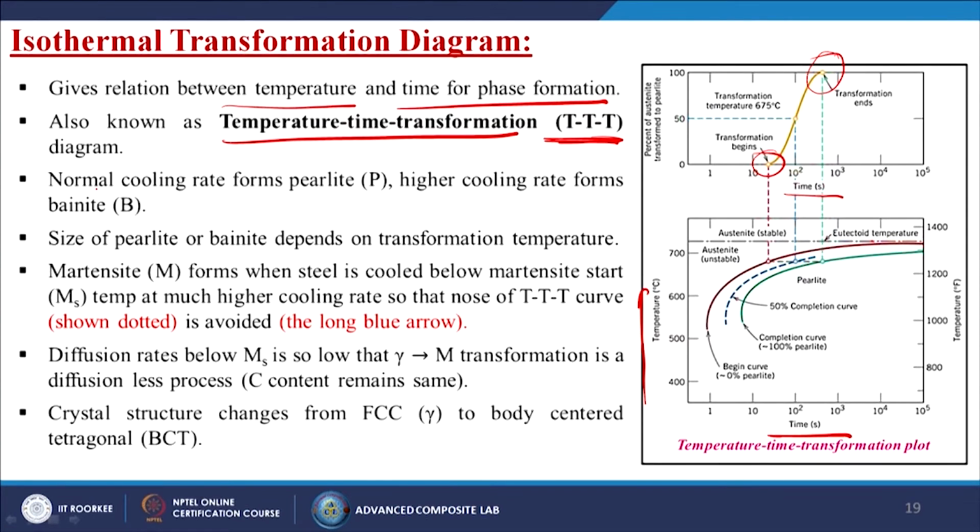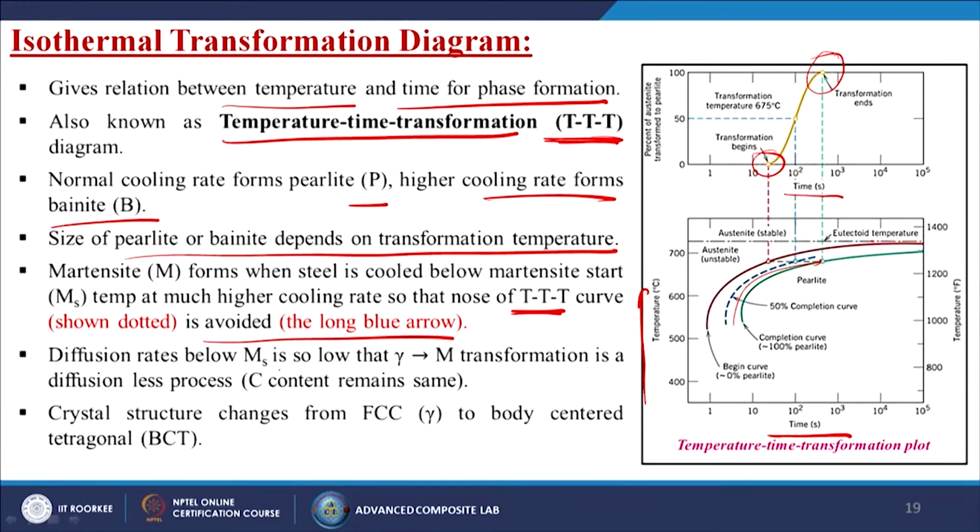Normal cooling rate forms the pearlite, higher cooling rate forms the bainite. Size of pearlite or bainite depends on transformation temperature. Martensite forms when steel is cooled below the martensite start temperature at a much higher cooling rate, so that the nose of the TTT curve, shown in dotted line, is avoided, the long blue arrow over there.